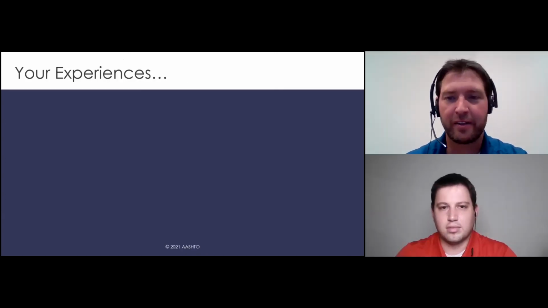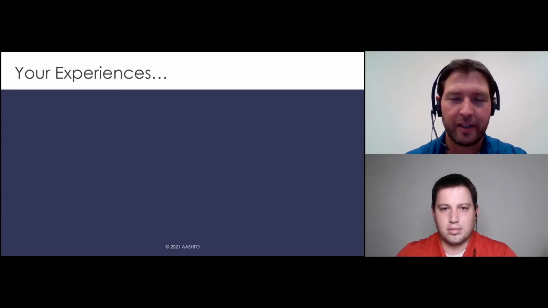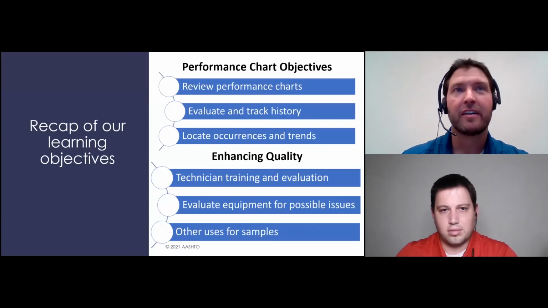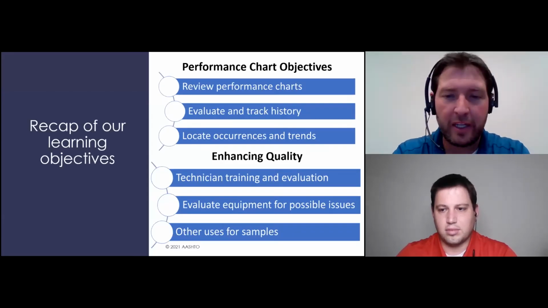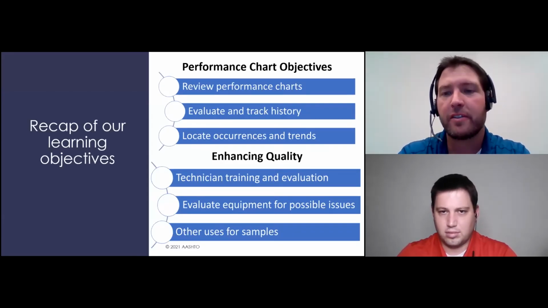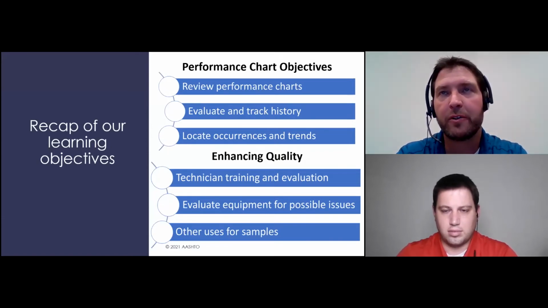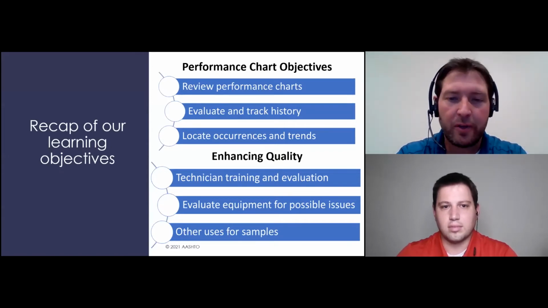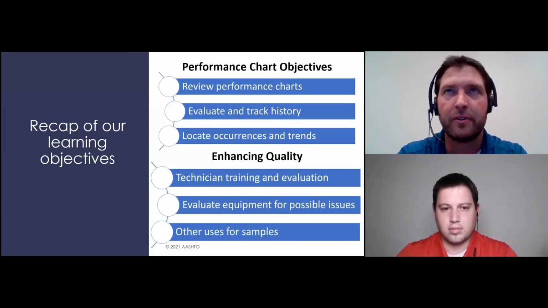So we're going to circle back to the recap of the learning objectives. Like I said in the beginning, Ryan gave us a good discussion on the performance charts, how we review them, how we evaluate and track the history, and how you can locate occurrences and trends within your data sets.